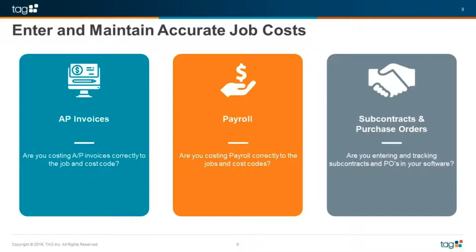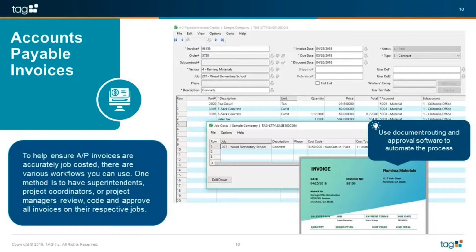So with accounts payable invoices, are you costing your accounts payable invoices correctly? So the best way to do that is you have a lot of options for different workflows. So perhaps the invoices go to a project manager or a superintendent for coding and approval, or maybe a project coordinator. There's a lot of opportunity to be able to make sure that things are coded correctly.